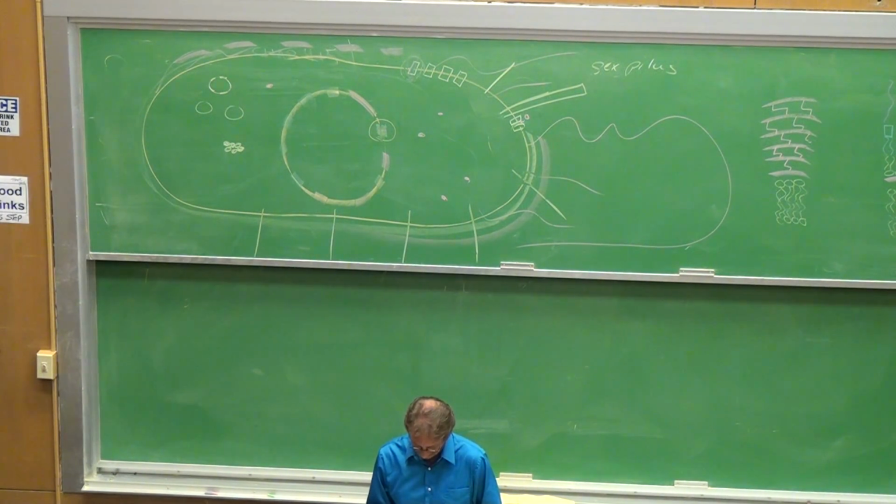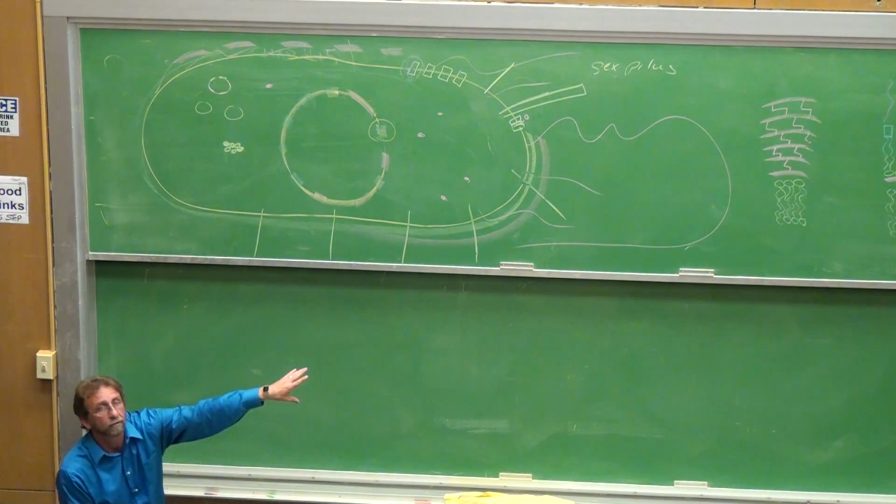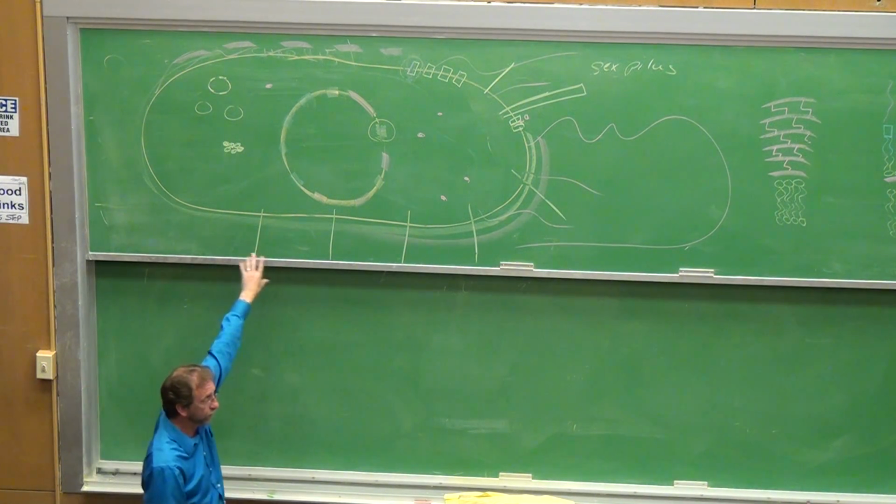But we wouldn't draw the glycocalyx on there, on these. Not on here, no. Just on the cell. Over here you would, but not over there.